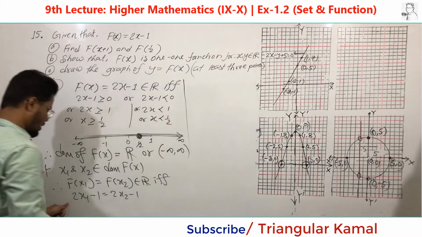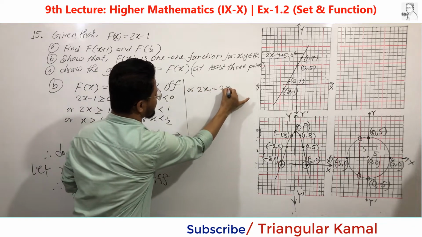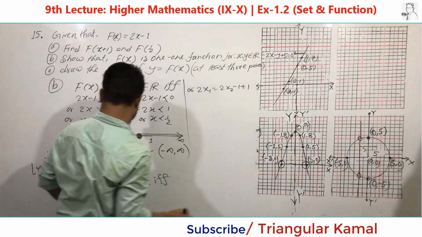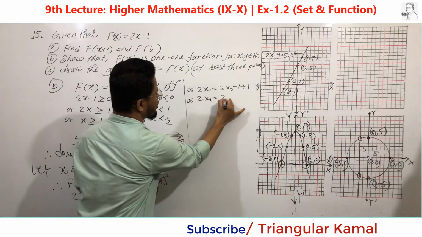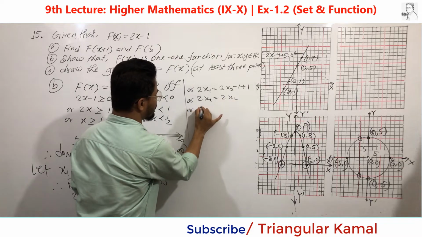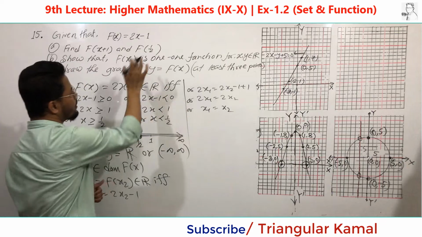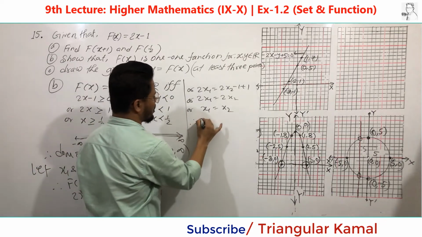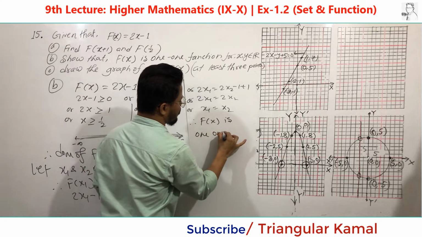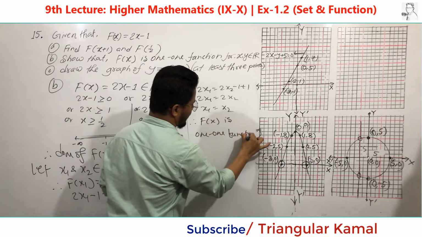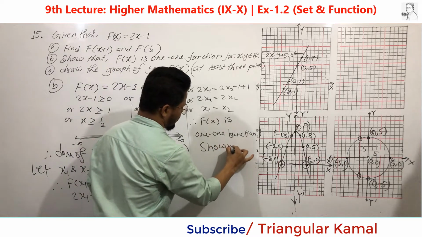Or we can write twice x1 equals twice x2 minus 1 plus 1, changing this minus 1 from left side to right side, or twice x1 will be twice x2. Dividing by 2 we get x1 equals x2, which indicates the given function is a one-to-one function. So f of x is a one-to-one function, shown.